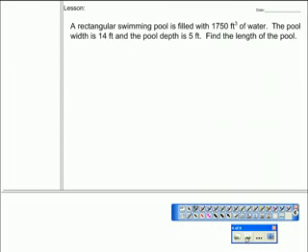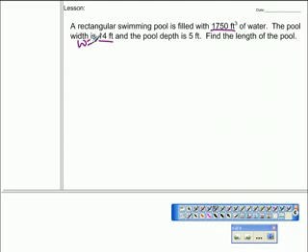A rectangular swimming pool is filled with 1,750 cubic feet of water. All right, before I go any further, this number represents what? Yeah, the volume of that, right? How do I know that? Well, it's cubic feet of water. The pool has a width of 14 feet, so that's my W, right?